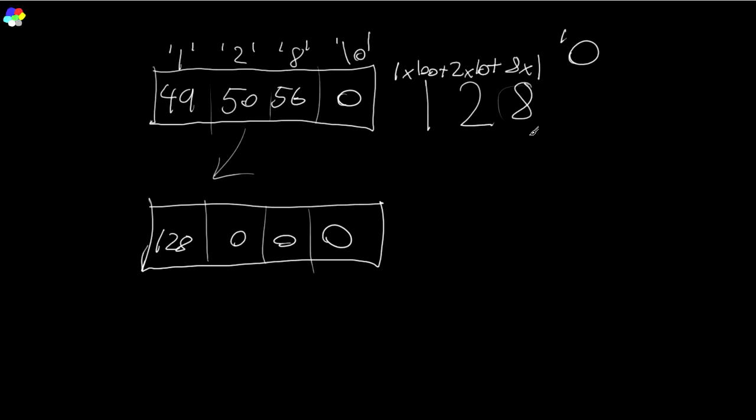You convert the individual digits, you get the value of the digit, and you multiply it by the place. So this is in the ones place, so we multiply by 1. We convert this ASCII code into its value, multiply by 10, convert the value, multiply by 100. Add them all up together, and you get the integer 128.